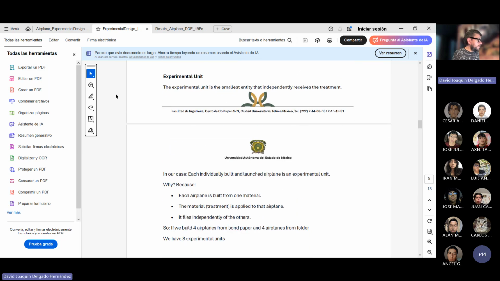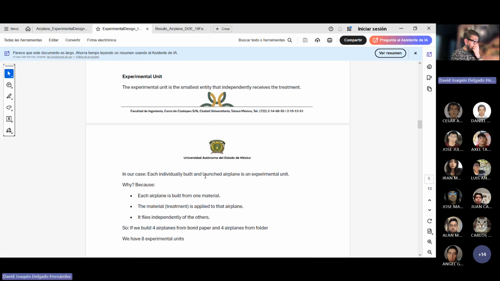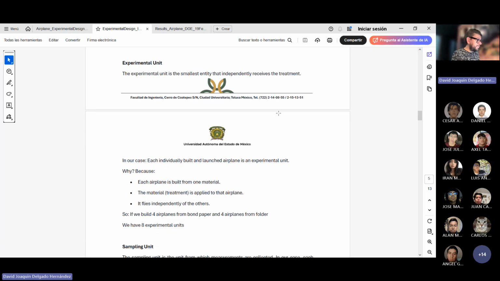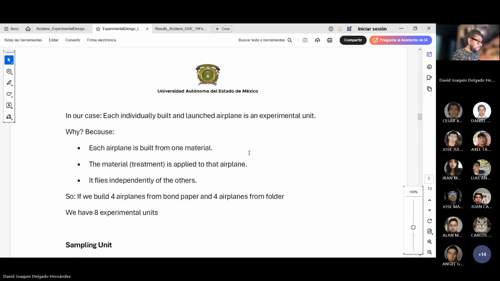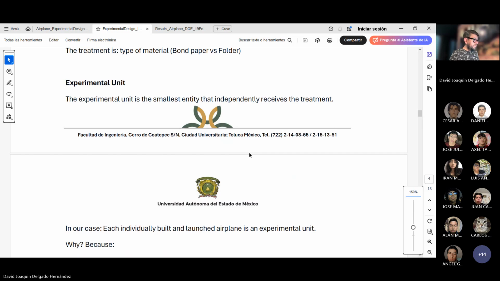So now, let us finish this lecture with this theoretical explanation. So, an experimental unit is the smallest entity that independently receives the treatment. Okay, so we are going to work in experimental design with this experimental unit.